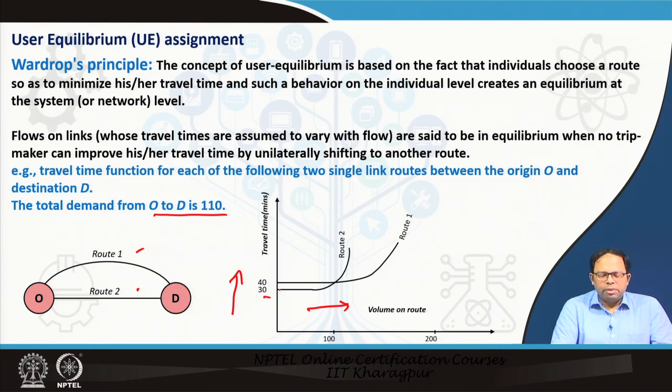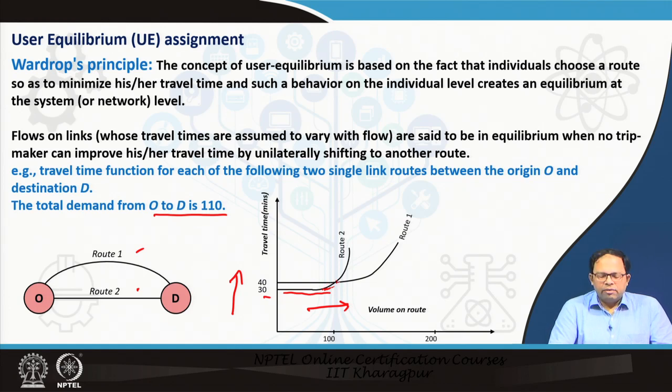So, automatically people will start using the second route because it is faster, and once they start using the second route, at one point of time when it reaches around 100, the total demand from O to D being around 110, we see that the travel time starts increasing, and when it reaches around 100 it has almost reached 40.